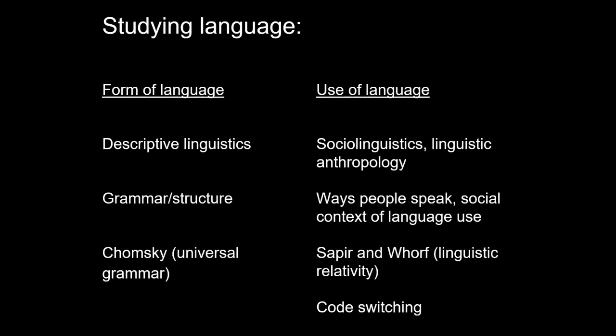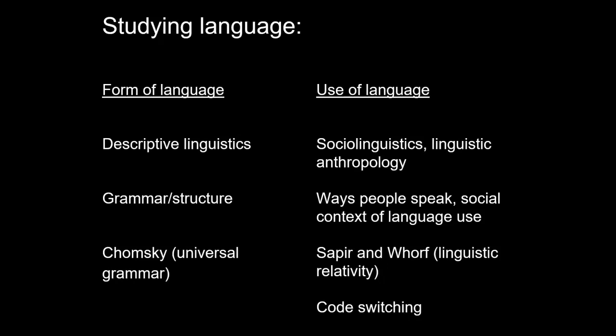And that kind of study focuses on the grammar of a language, that is, its structure, right? How it is put together. One of the key famous linguists that you might find associated with this kind of study is Noam Chomsky, who is mentioned in your book, and his concept of the universal grammar, which we'll talk about more in a second.